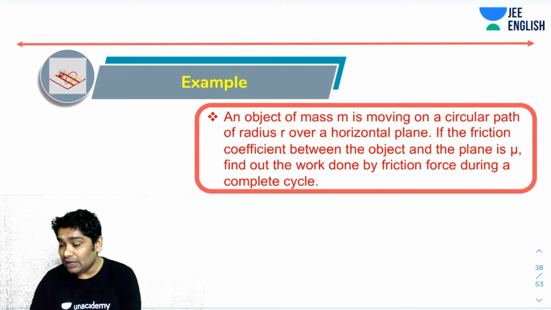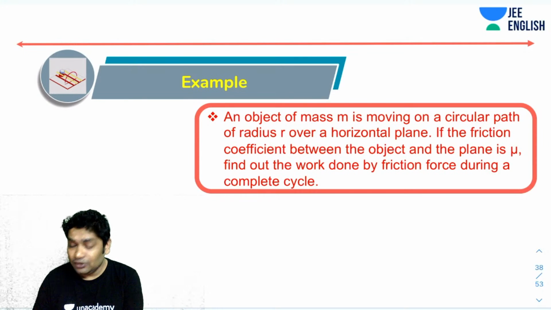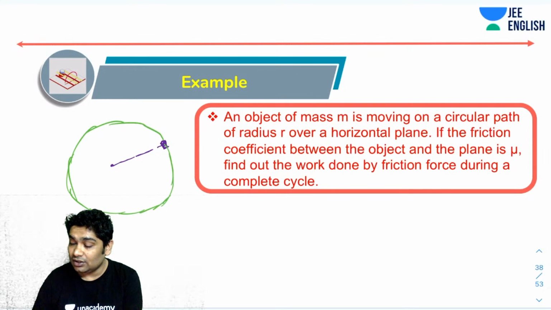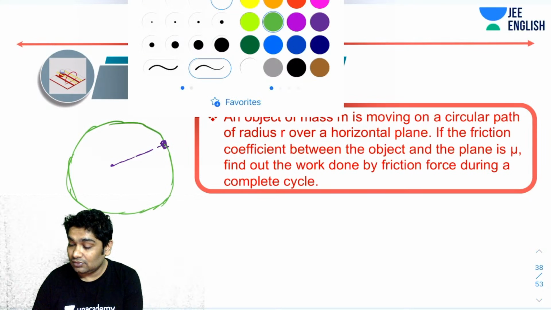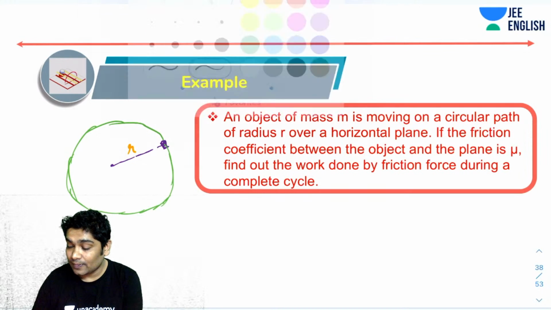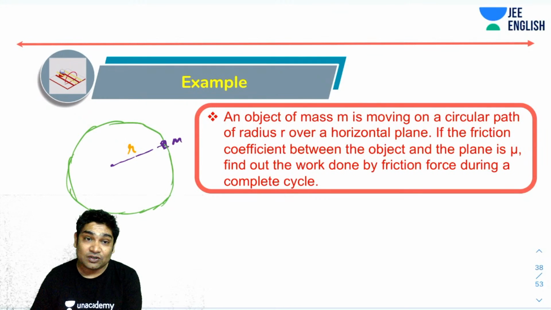Imagine a horizontal table, and on it this block is moving in a circle, maybe tied to a string. It is moving in a circle of radius r. The block has some mass m.